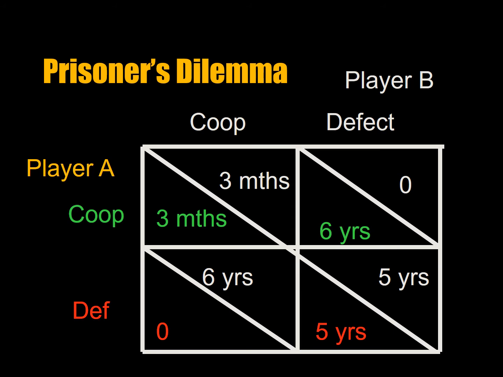Now here we see player A having a choice between cooperation or defection. So cooperation implies the green payoffs and defection implies the red payoffs.